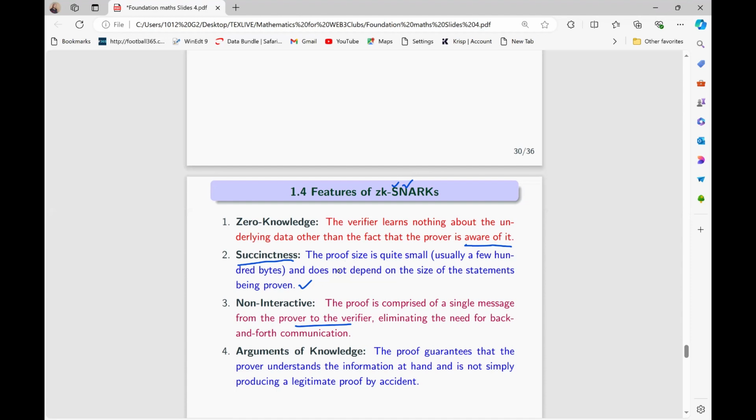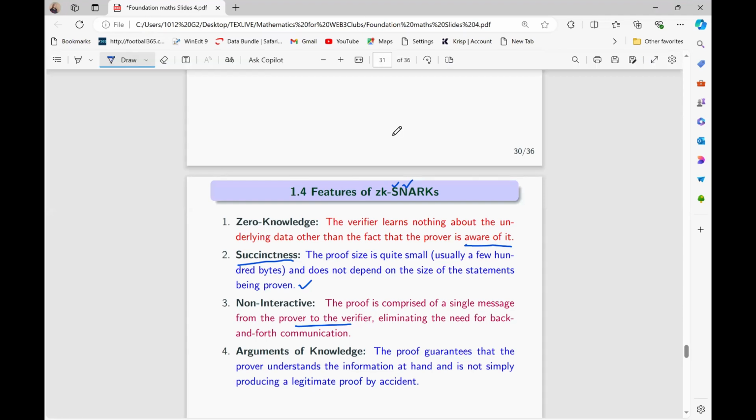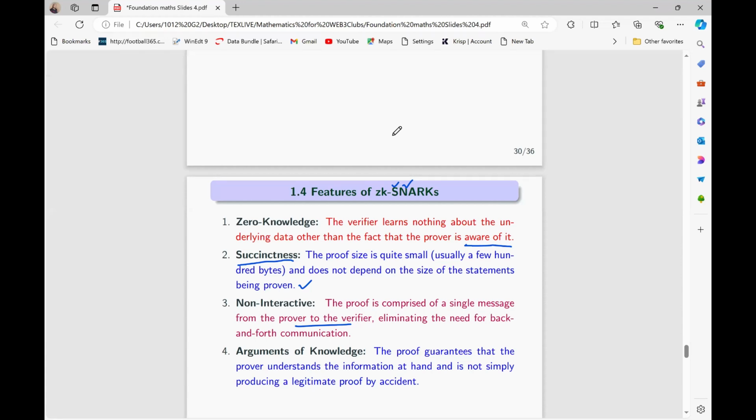So this eliminates the need for back and forth communication, where the verifier asks a question, the prover responds, the verifier is not convinced, and asks another question. That one is removed. That is what non-interactive means.